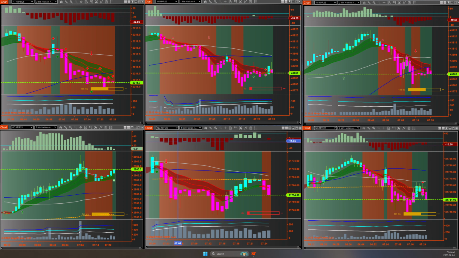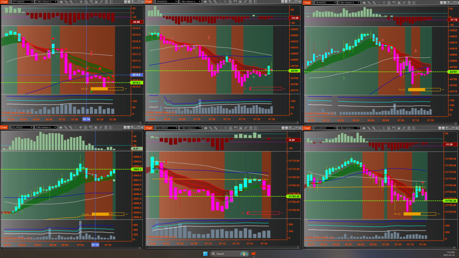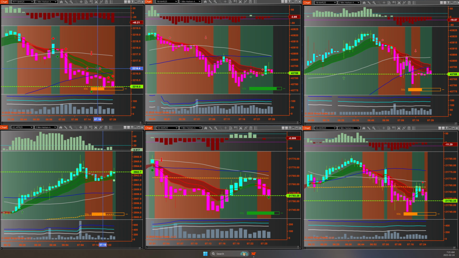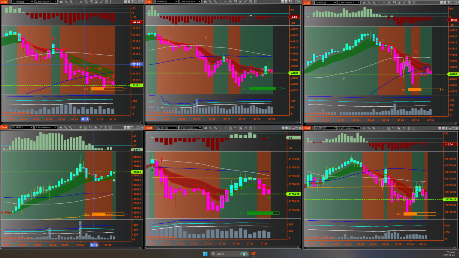Sometimes, if you look on my screen share in the top left, RTY, the cloud's supposed to be red between the moving averages because it's down, but for some reason it shows green. So there's a little bit of a glitch there where it's turning the wrong color. And I did have other glitches.